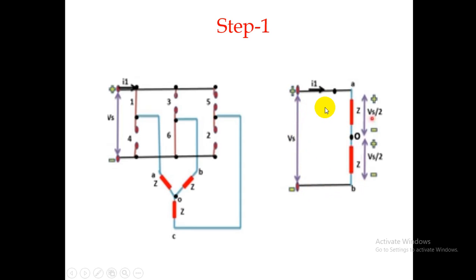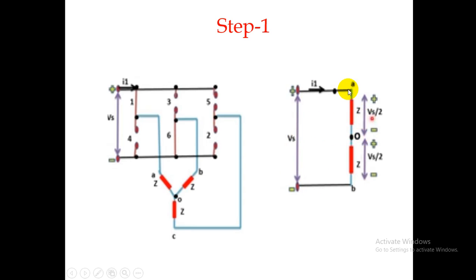When we apply KVL to this circuit, as we know, the voltage rises are equal to the voltage drops. There is only one voltage source here and there are two drops.